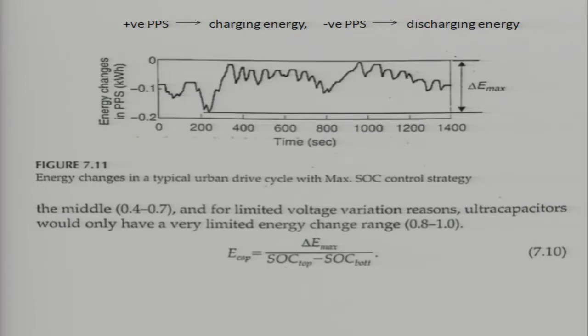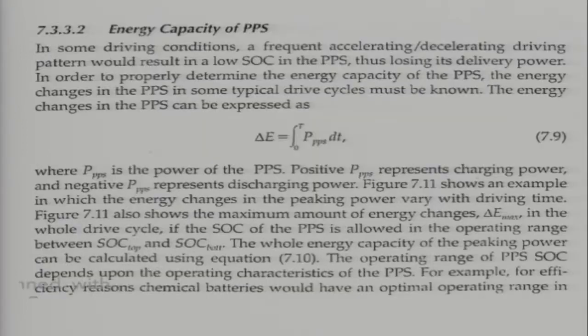Here you can see this is the bottom line of SOC and this is the top line of SOC. Accordingly, this is the bottom line of energy and this is the top line of energy. How do you calculate the energy? Energy stored in the battery is given by this equation: energy is equal to P_PPS into time, that is, how much time the required amount of power can be supplied.